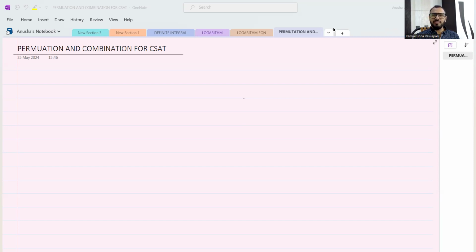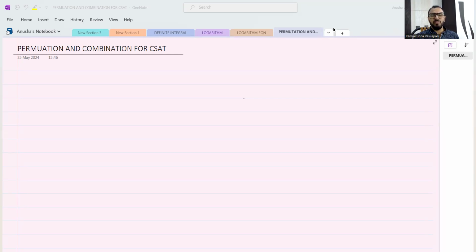I'm going to start permutations and combinations. Usually people may feel that permutations and combinations is a very difficult topic. Of course, it is difficult if we go in depth. But the beginning of permutations and combinations does not require any formulas. Only a basic logic is required.